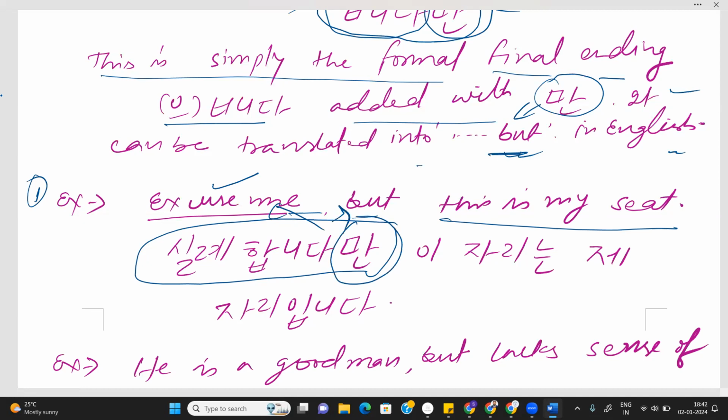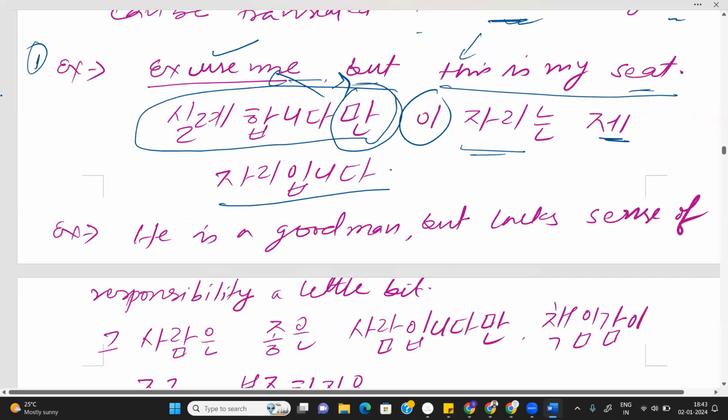So 이 자리. 이 is for this. 이 자리는, this seat. 제 자리입니다. Okay. Understand? Okay.